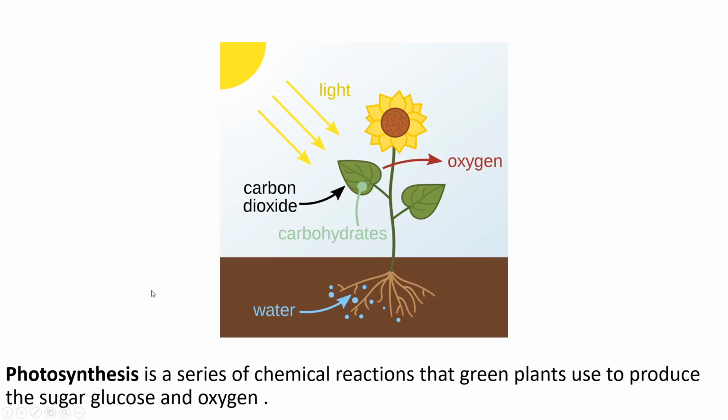So what do I mean by a few of the things in this little sentence here? So green plants. Green plants are ones that have a special pigment in their leaves called chlorophyll. Now, chlorophyll is the tool that helps these photosynthesis reactions begin to occur.